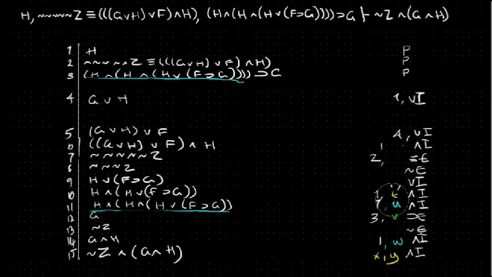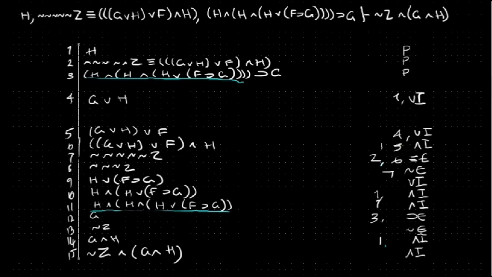And remember, our proof isn't going to be complete until all of our rules have been written in correctly. So we got line 6 from a conjunction introduction of 1 and 5. We got not Z from a biconditional elimination from 2 and 6. We got not Z from line 7, negation elimination.